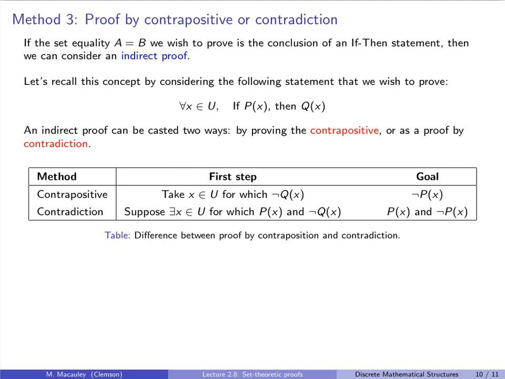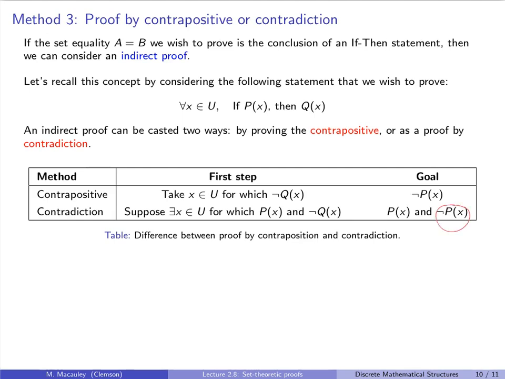So for the contrapositive, suppose there is some x which makes Q false, and our goal is to conclude that P has to be false. And for a contradiction, we suppose that there exists some x for which P is true and Q is false. And then we want to conclude that P is false.